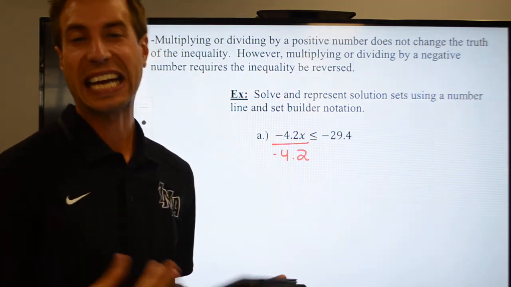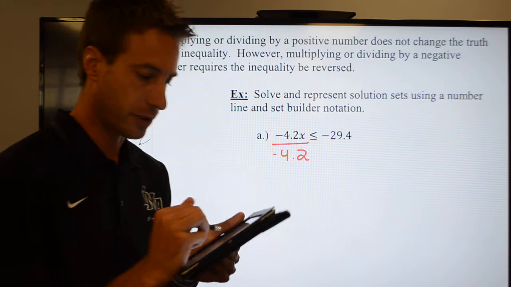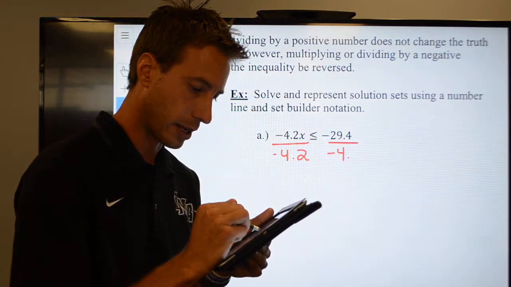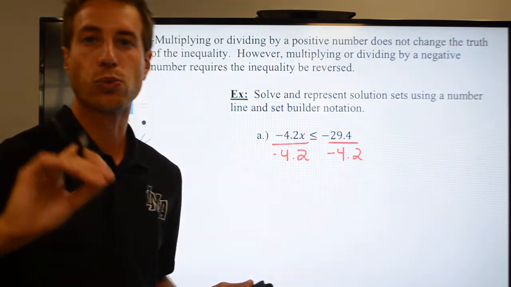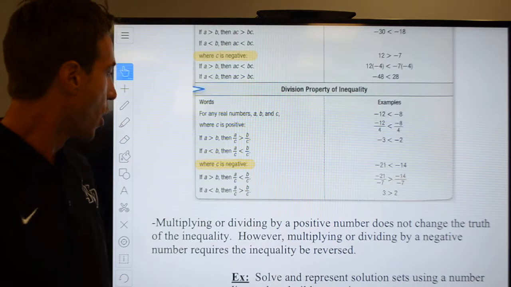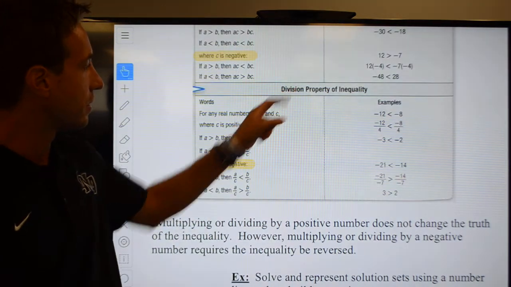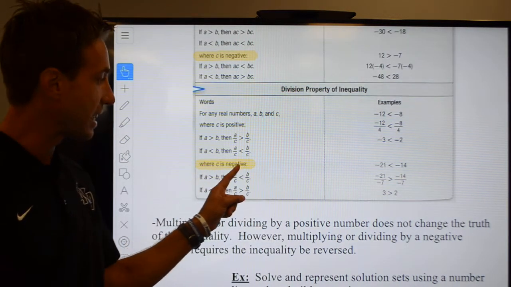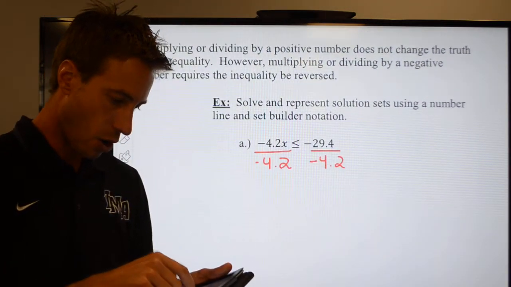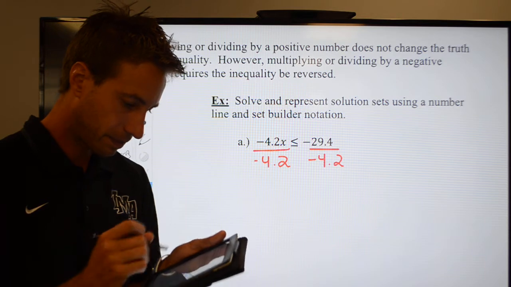But we know whatever I do to one side, I have to do to both sides. So we divide by a negative 4.2. And now here's where you've got to remember the rule we just looked at up here. Whenever I divide, and the number I'm dividing by is negative, you have to flip the inequality. Okay, I can do that.